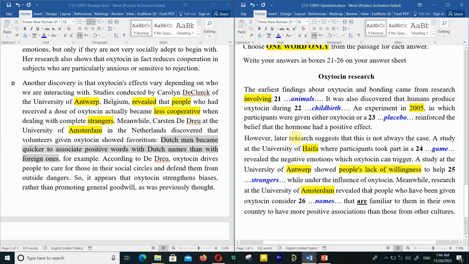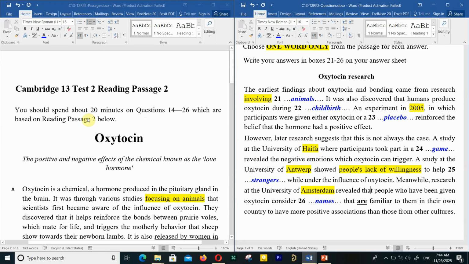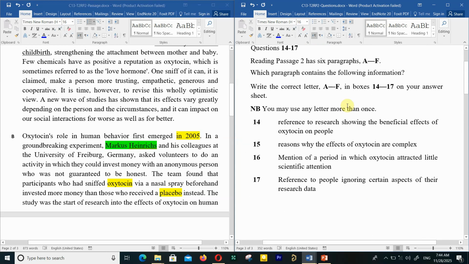Here, we finished these gap fill questions, and just an important tip. Sometimes they use this kind of information for matching headings or which paragraph contains the following information.